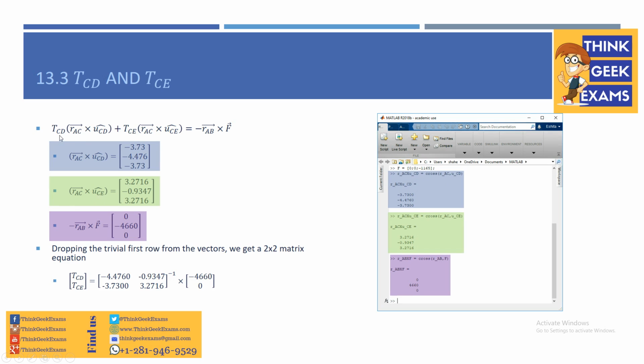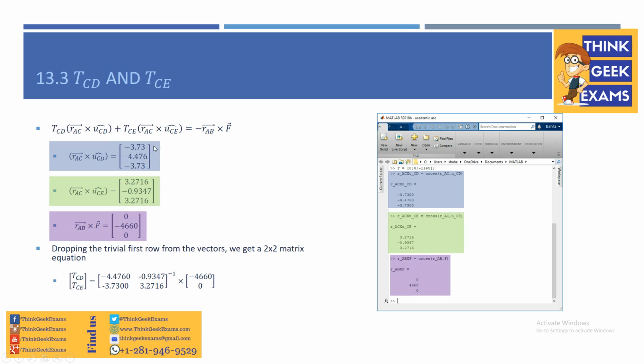TCE is unknown and TCD is unknown. So this vector is being multiplied to the scalar, and we calculate that in the green box over here, and we bring out the value over here. And finally the right hand side is minus RAB crossed with F, and that is 4660 J, and we basically have a negative sign before that, so I put that negative sign here in the purple.